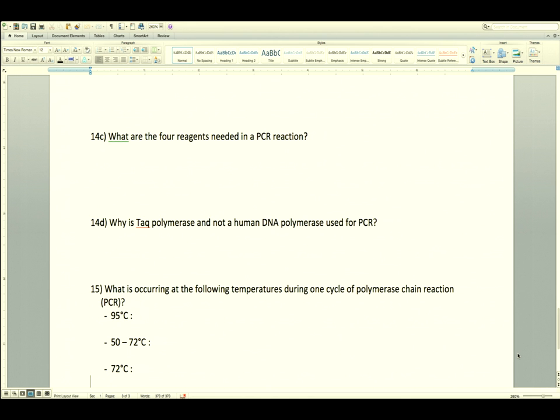Okay, what happens at 50 degrees Celsius? Yeah, the primers anneal, and that's going to start off the whole process for PCR. What happens at 72 degrees Celsius? Okay, I heard DNA polymerase. Yeah, the DNA polymerase activity happens at this temperature because it's the optimum temperature for Taq DNA polymerase.